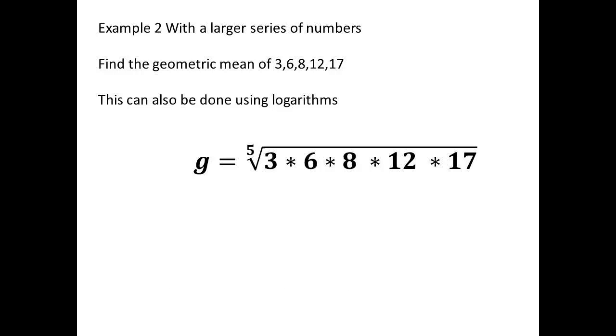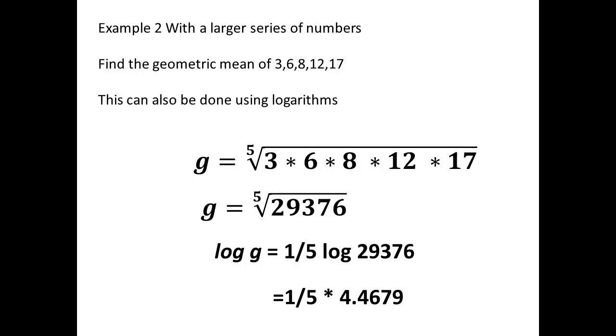We can do the same calculation using logarithms. We want to find the fifth root of 3, 6, 8, 12 and 17. First work out the product. G is the fifth root of 29,376. Using logarithms, the log of G is 1/5 the log of 29,376.